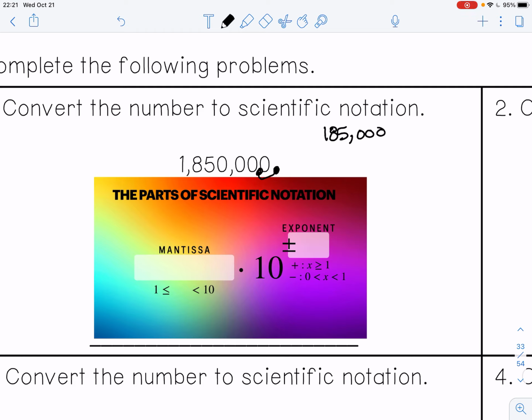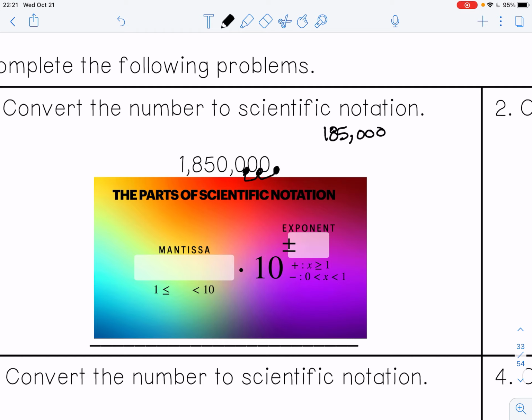Okay? Moving the decimal place is really the same thing as multiplying by a power of 10. So I'm going to have to continue to move it, because obviously 185,000 is not a number between 1 and 10. So let's move it again and see what we come up with.